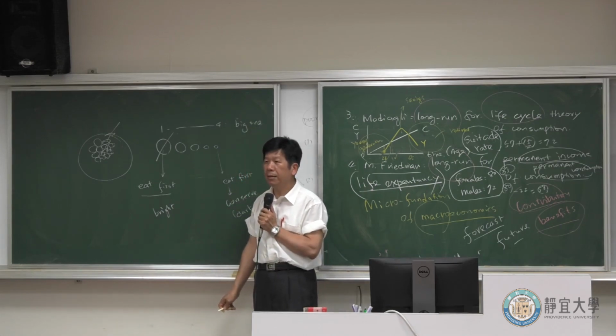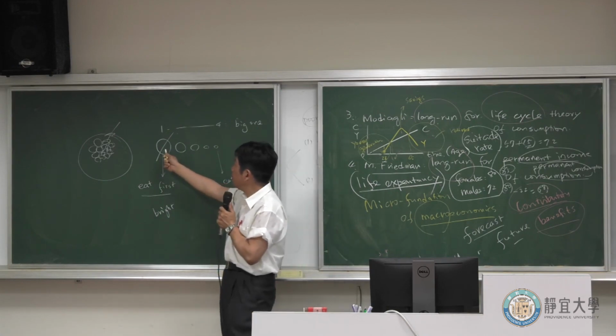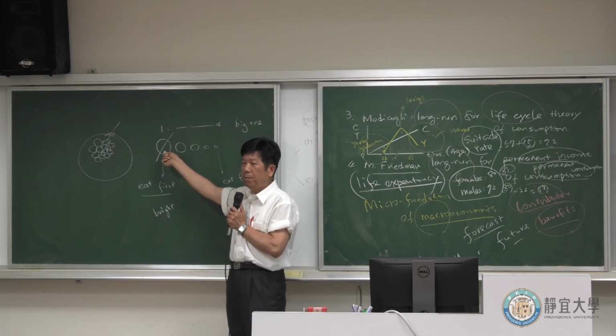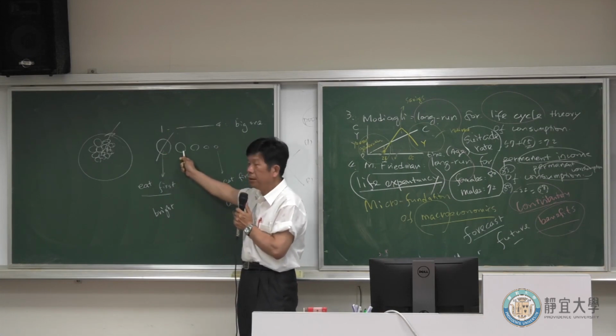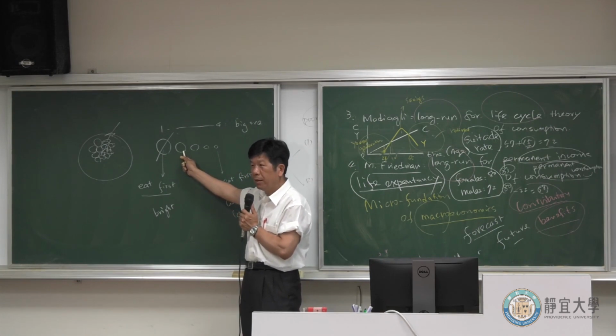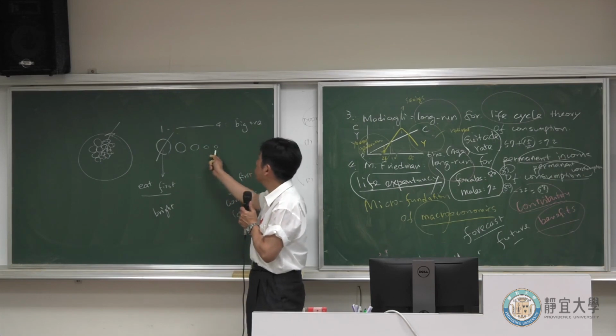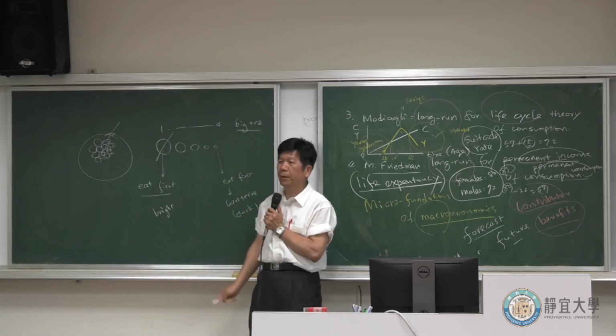Can you understand? Because you eat the biggest first, and the second one becomes big again. Biggest again. So from first one to last one, all big one, okay?